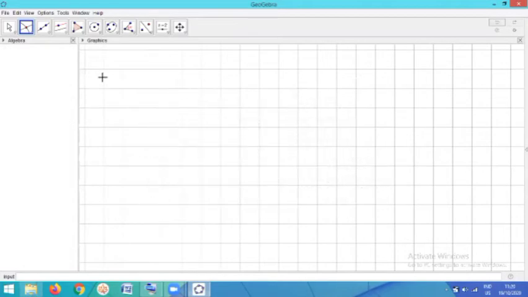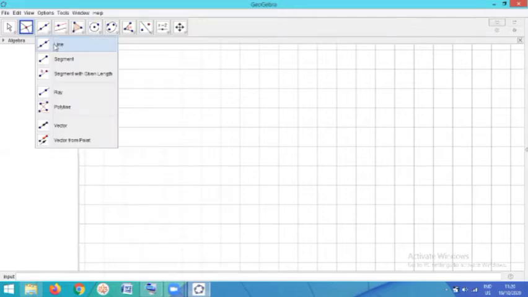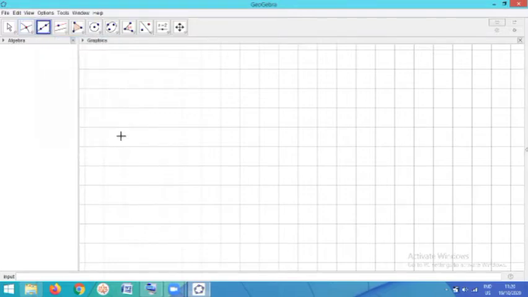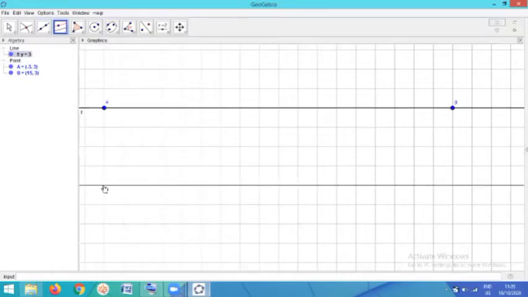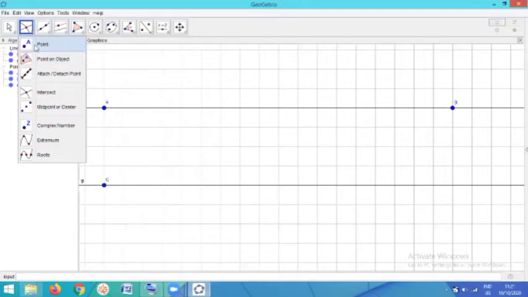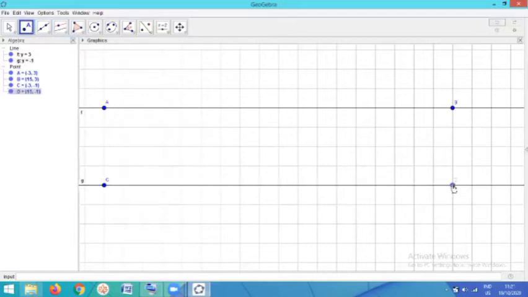First, we draw two parallel lines. We click two lines and 2 points, and we draw two parallel lines in 2 points, and then we draw a transversal line that intersects the two parallel lines.